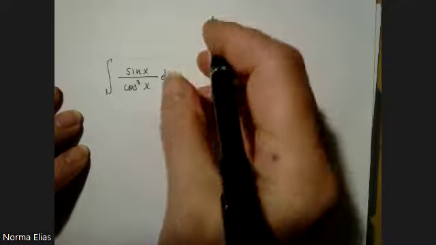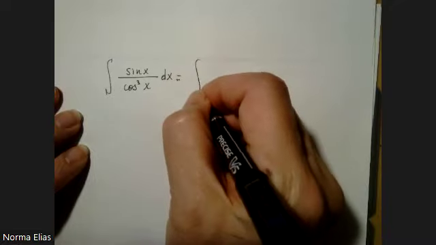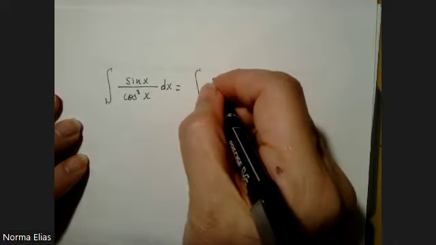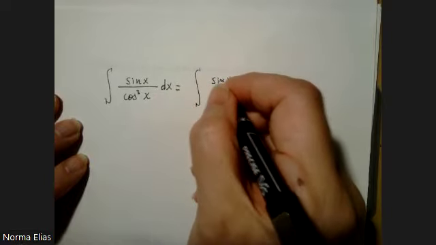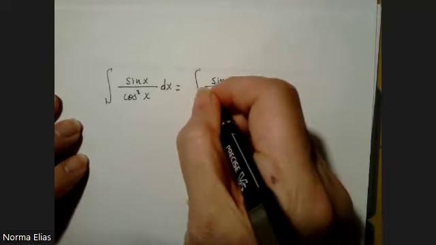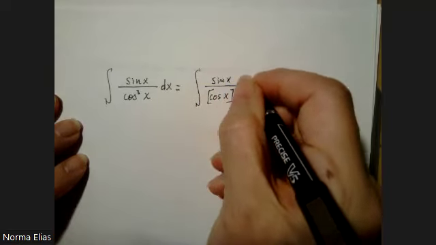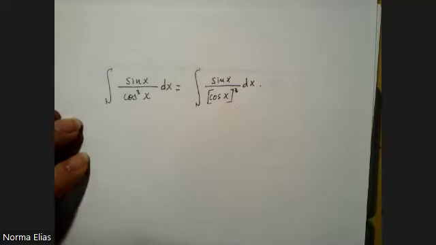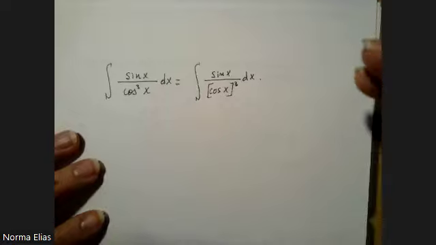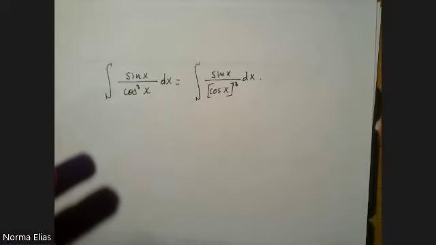So let us make sure we all understand why this is the same pattern as the one we had. This is sine x divided by cosine x to the power 3 dx. That's crucial to always see. In integration by substitution, you really have to start seeing connections within the integral.